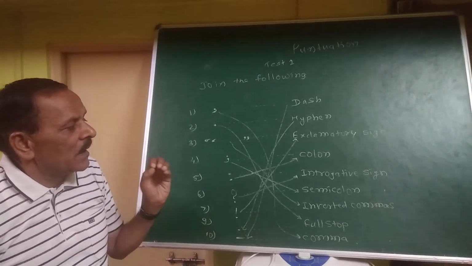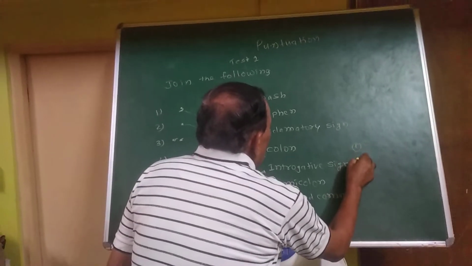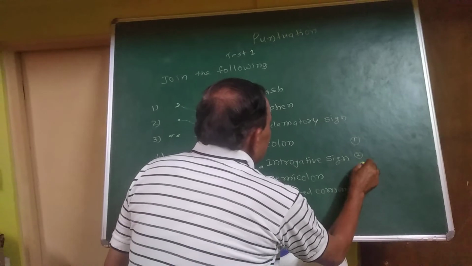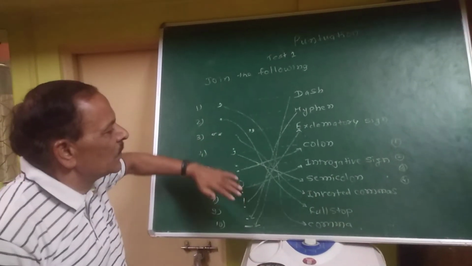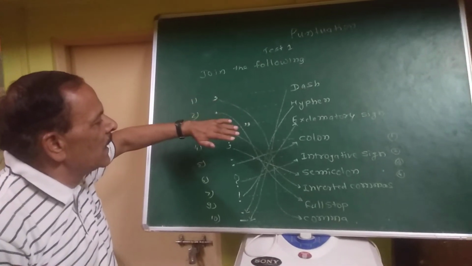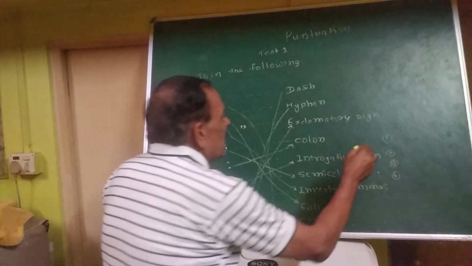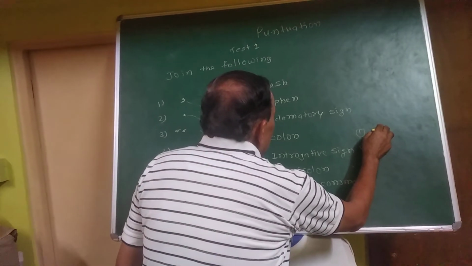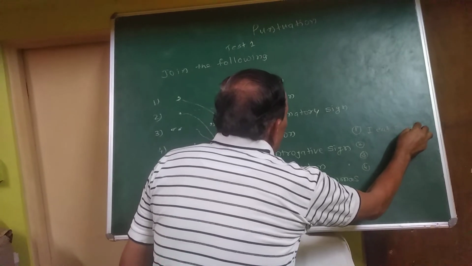Okay. Now I'll write only 2-3 things here. So out of these, which punctuation mark we should put there? Here. I eat mango.